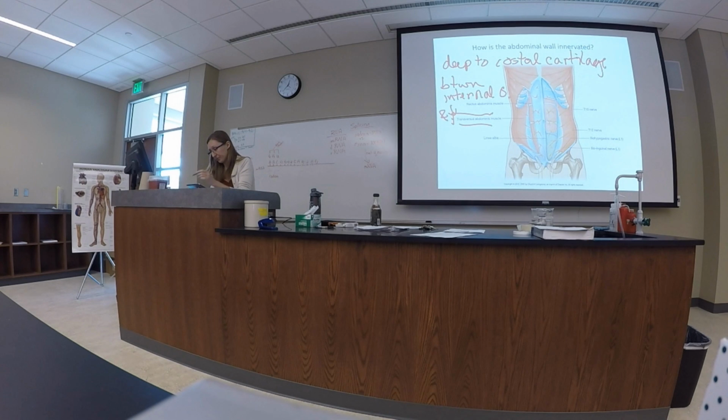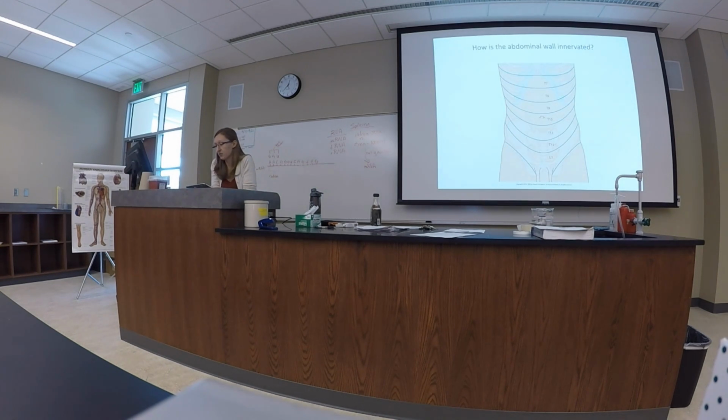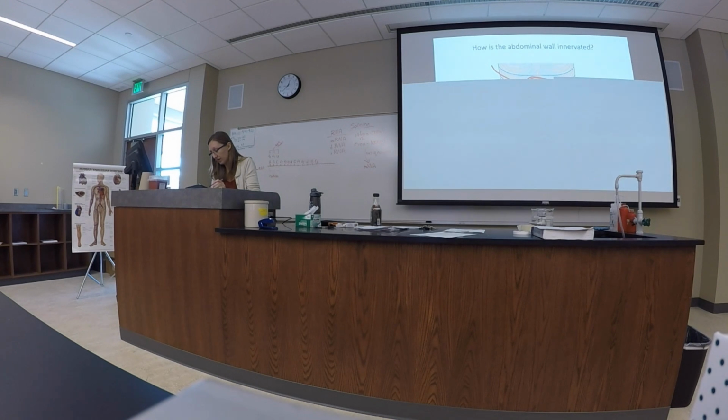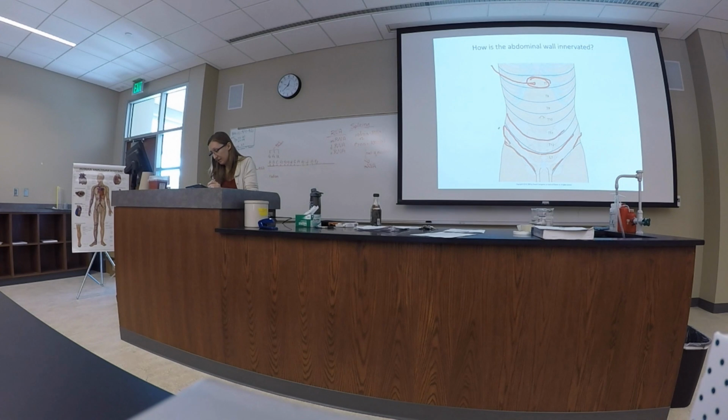All right. And that then translates to our dermatomes. So the T7 nerve comes in around and innervates this area of the abdominal wall. L1 comes down and innervates the lower part of the abdominal wall and some of the perianal areas. And T12 is just above that. Beyond that, the rest of this is a rough approximation.